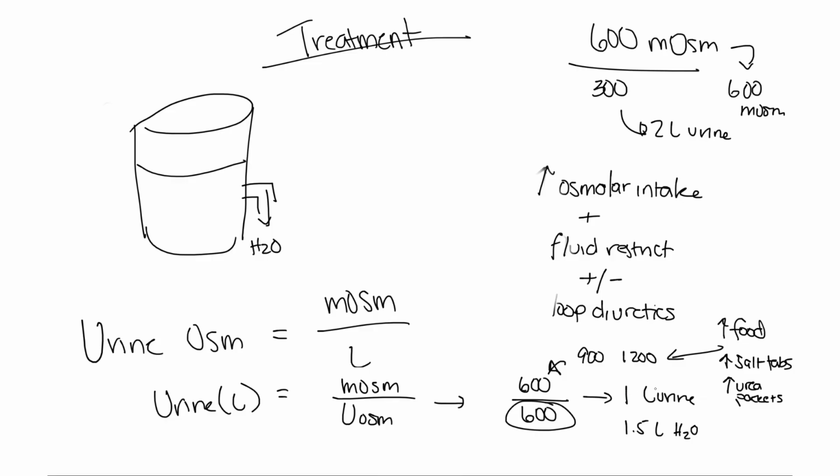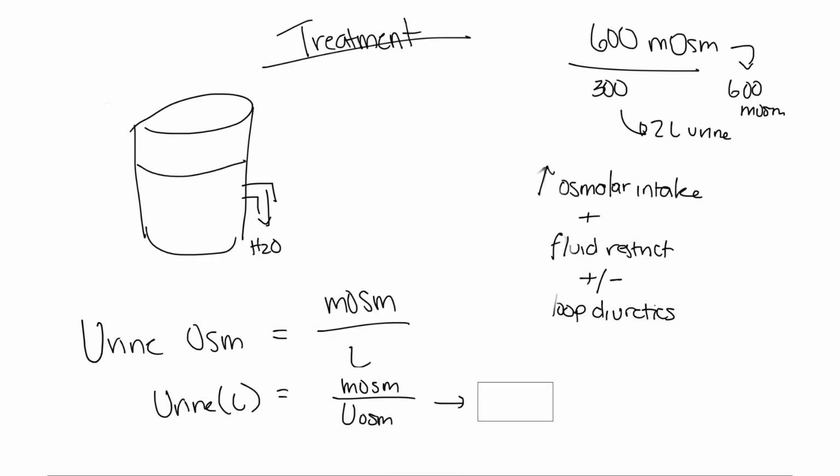Okay, now the final trick here is loop diuretics. Why do loop diuretics work? Turns out the ascending loop of Henle is where we concentrate urine. So when we use loop diuretics, we mess with our kidney's ability to concentrate urine. This is our one way of making our urine osms close to 300.